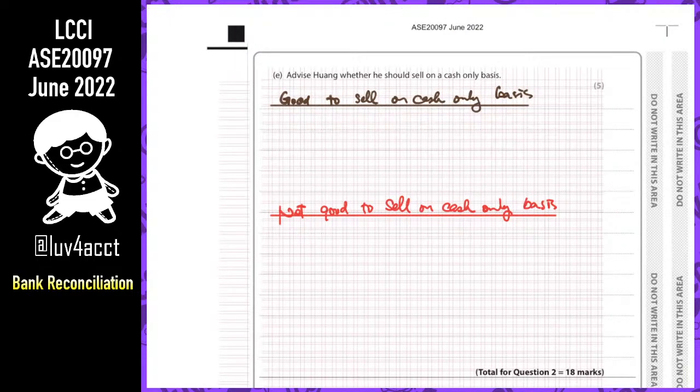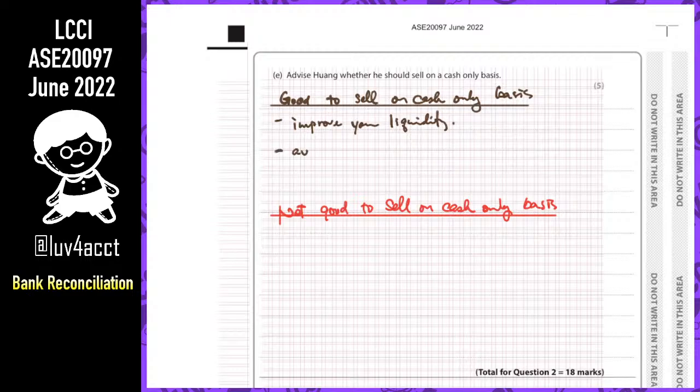So is it good? Yes, of course it is good, because it will improve your liquidity. You will receive your money from the sales immediately. Improve liquidity. Of course, you might want to elaborate a little bit. I just put the point here.